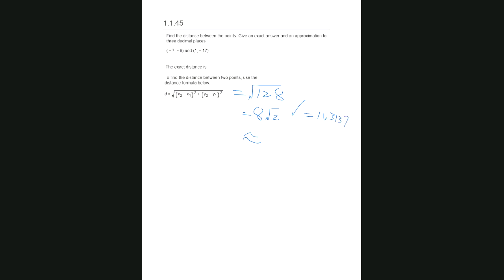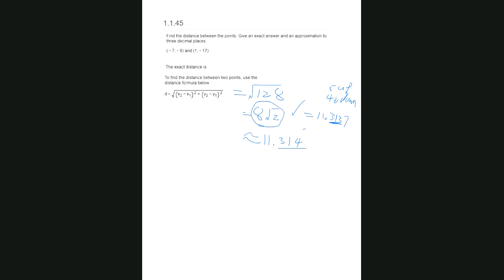So this is the 3 I want to keep. But I have to look at the next digit. If the next digit is 5 or above, you round up. If it is 4 or below, you round down, you get rid of them. So when we round this one right here, I will have 11.314. And that will be the answer for rounding to 3 decimal points. This is called the exact answer in here.